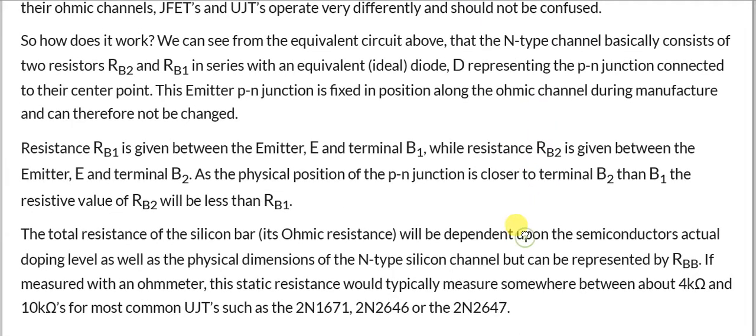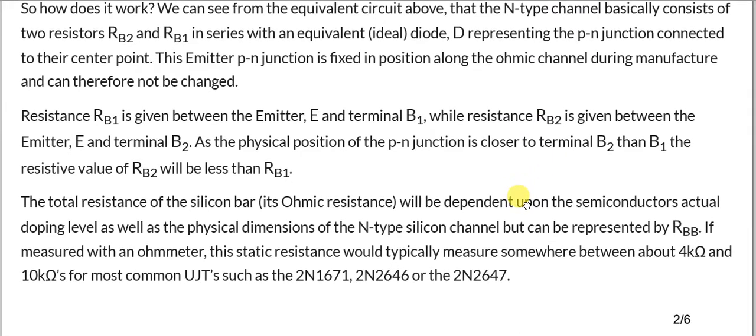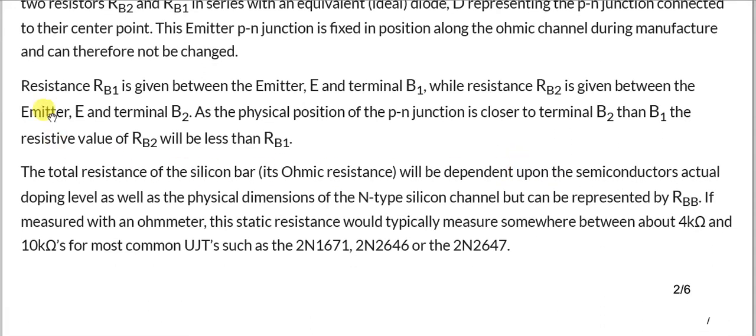Now we would like to discuss the resistances. Resistance RB1 is given between the emitter E and B1, while RB2 is given between E and the terminal B2. As the physical position of the PN junction is closer to terminal B2 than B1, the resistance value RB2 will be less than RB1.